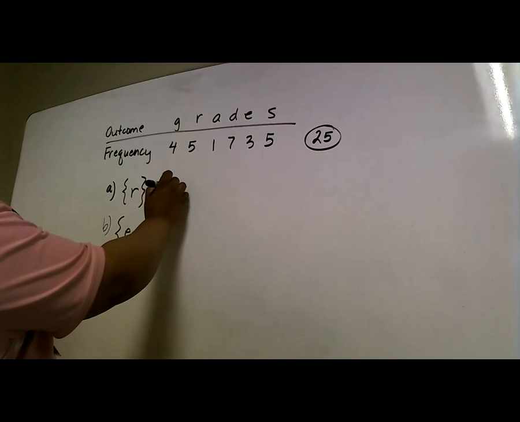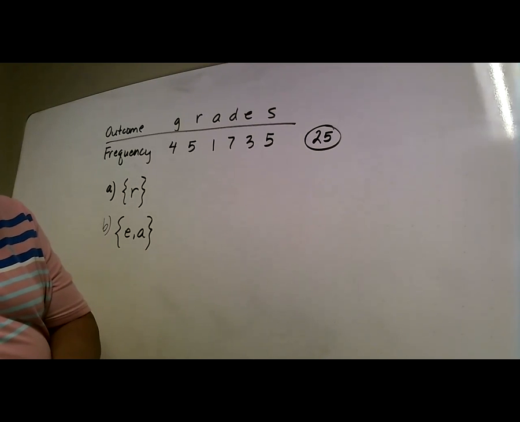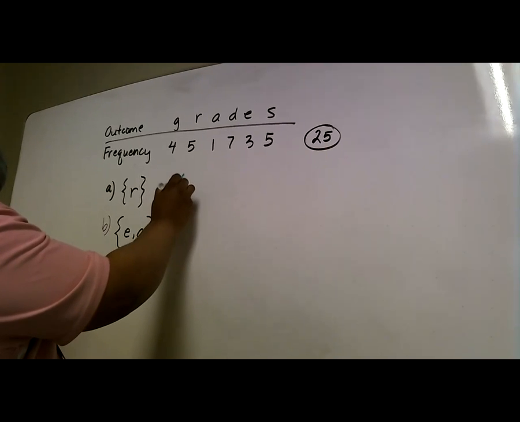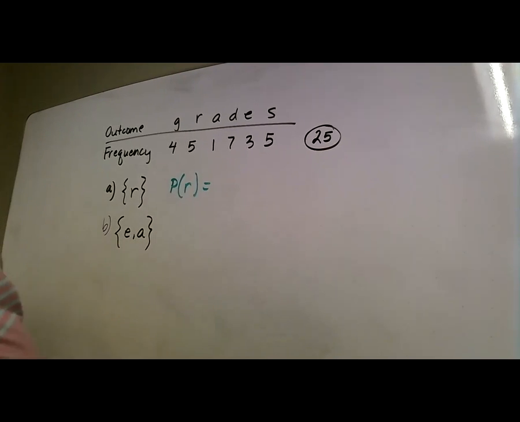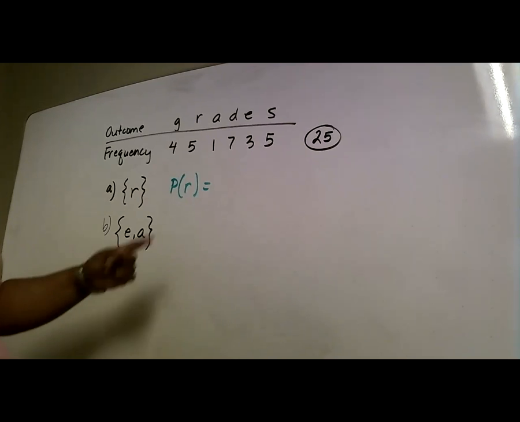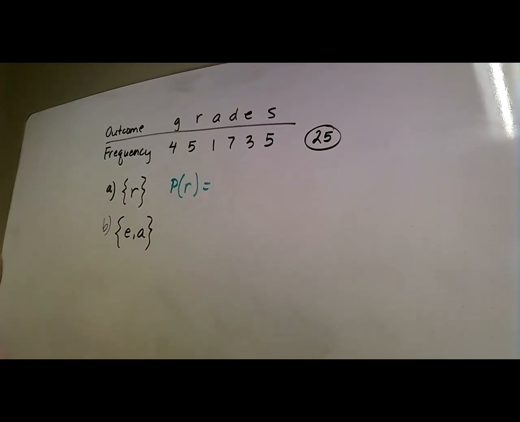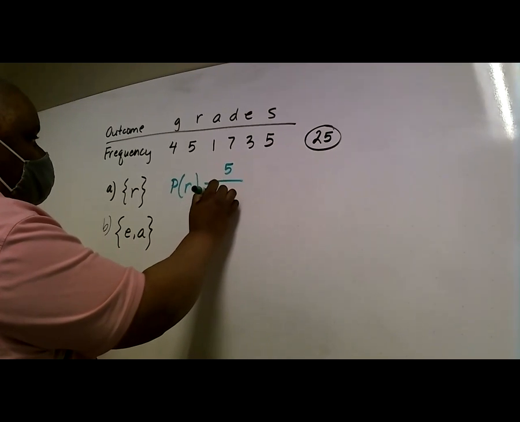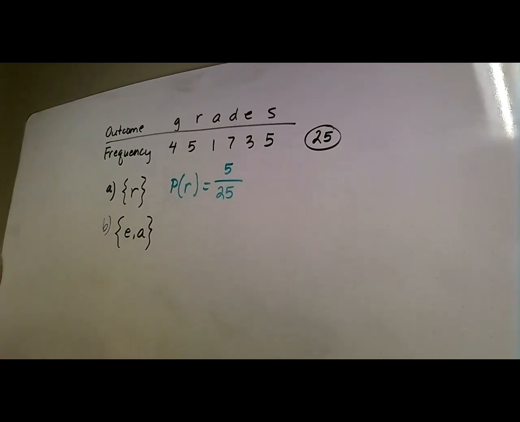Let's start with R. So here I want to find, let's say, the probability of pulling an R out of the bag. So I'm going to write it like this. P with the R in parentheses, the probability of pulling an R out of the bag. So in this case here, how many R's are there in the bag? There are 5 out of the total number of letters in the bag, there are 25.